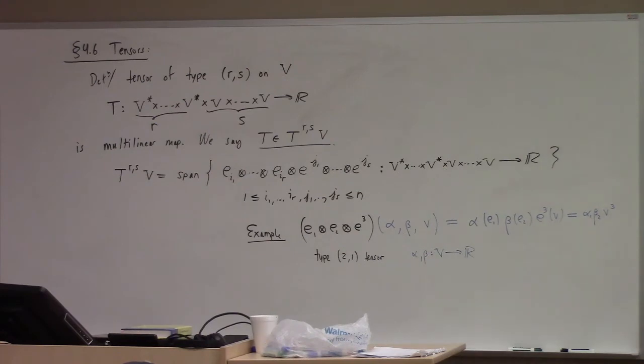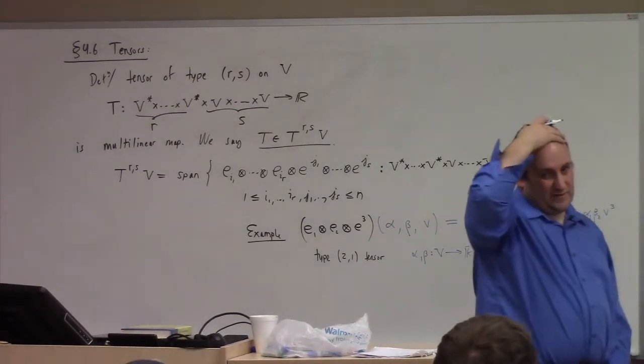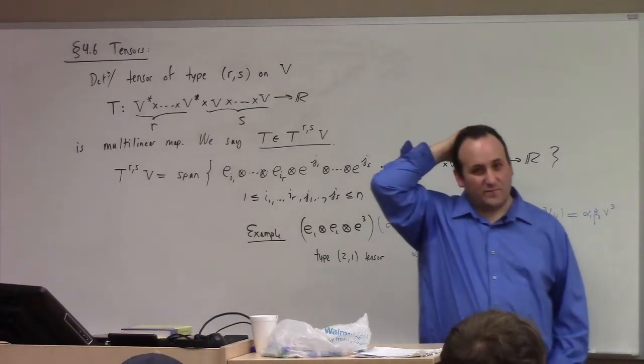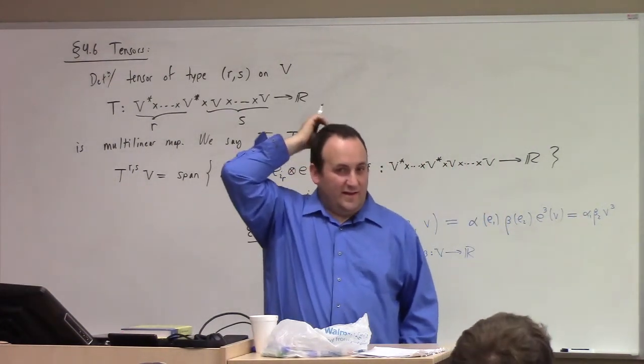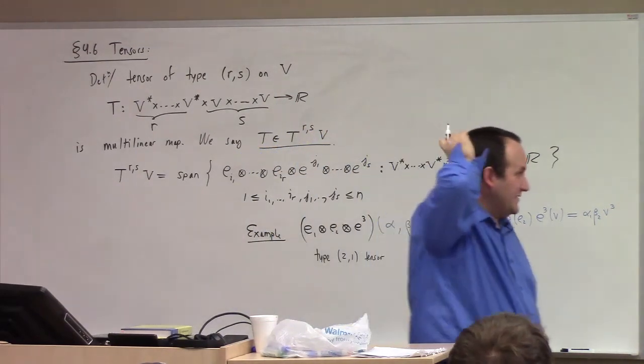So I want i1, i2, ir. And you know what? McInerney has just put the indices for the other part underneath these. That's not a good practice.